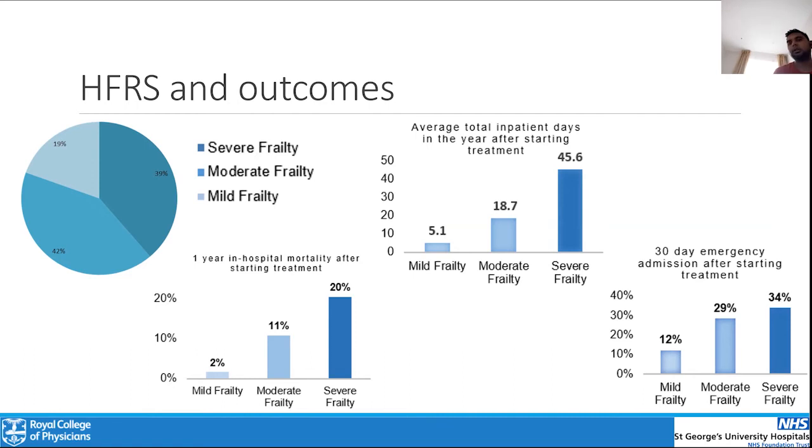And then you can look at how many days they spent in hospital during that year, which amounted to 45 days. And about a third of, this was all severely frail patients, had a risk of emergency readmission after starting their treatment as well.